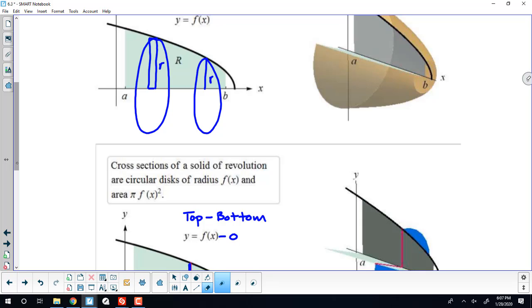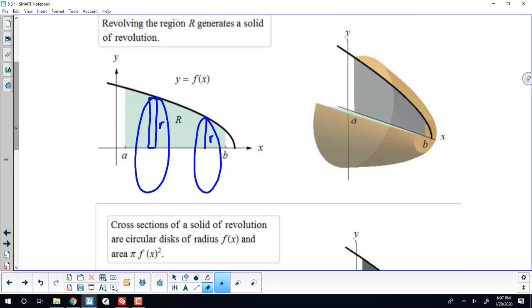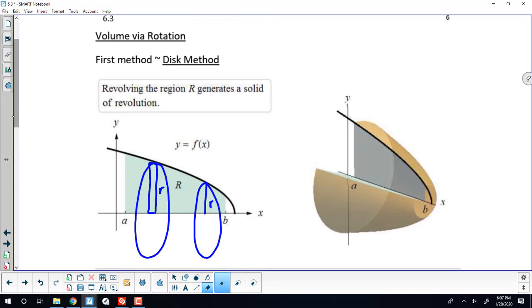So the disks that are generated are always perpendicular to the axis of revolution. That's how you know how to slice it and how to integrate with respect to x or y, is the disk method.